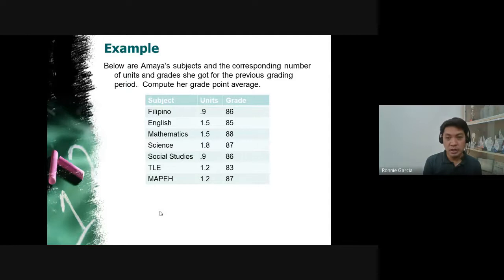Or for example, kayo for criminology, yung mga subjects na may malalaking number of units, yun siya ang mga pinaka-importanteng subjects para sa inyo. So, ano yung subjects ng mga 5 units? Usually, mga major subjects yun. So, kung i-compute ang grade ninyo, mas malaki ang kanyang multiplier.